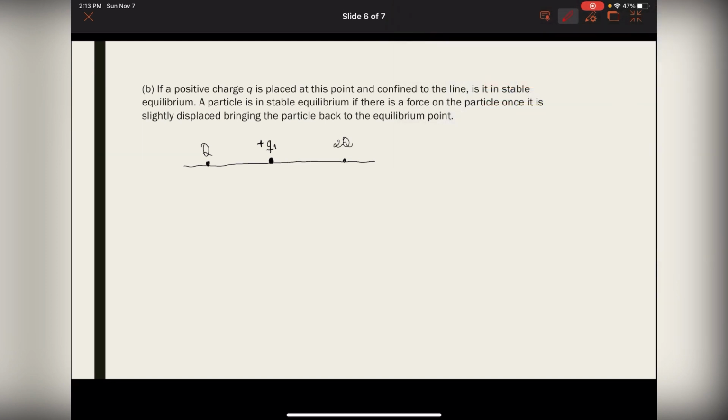To know if this positive Q prime charge maintains the system in equilibrium, we have to see which forces are acting on every charge of this system. So we're gonna start with the positive Q prime. The positive Q prime and the 2Q will repel each other, so we have a force acting this way, and the Q and the positive Q prime will also repel each other, which is acting this way.